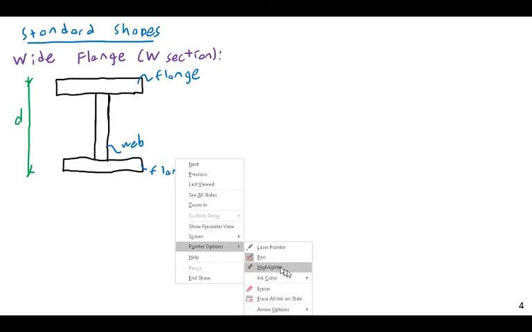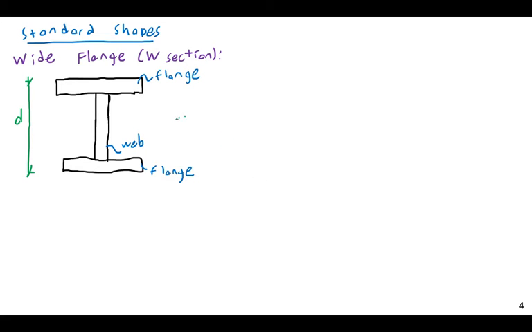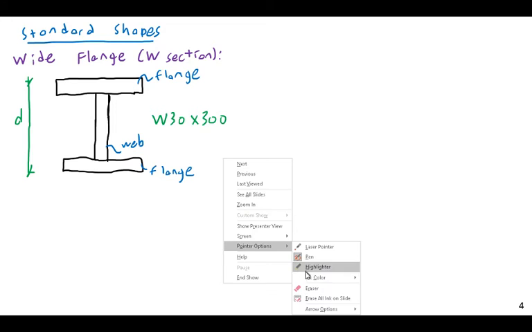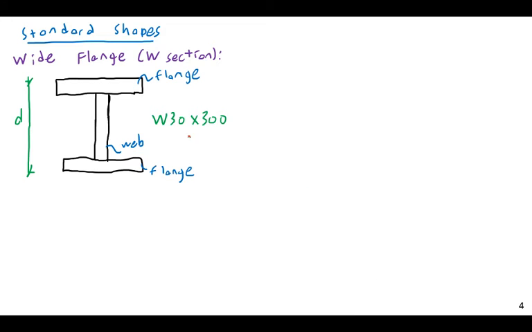But we label these according to something like this. We'll say something like W30 by 300. So what this means is, this would be, say, the nominal depth. The W, again, is the shape indicator, the shape type. So W tells you that it's a W shape type.